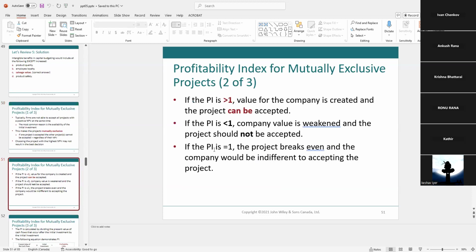Now we're going to the profitability index. The decision rule is, if the profitability index is more than 1, go for it. If the profitability index is below 1, don't. If the profitability index is equal to 1, the project breaks even, and the company would be indifferent about which project to accept.